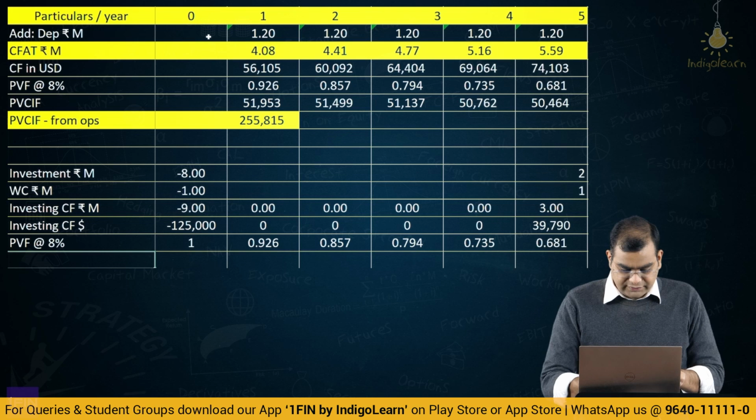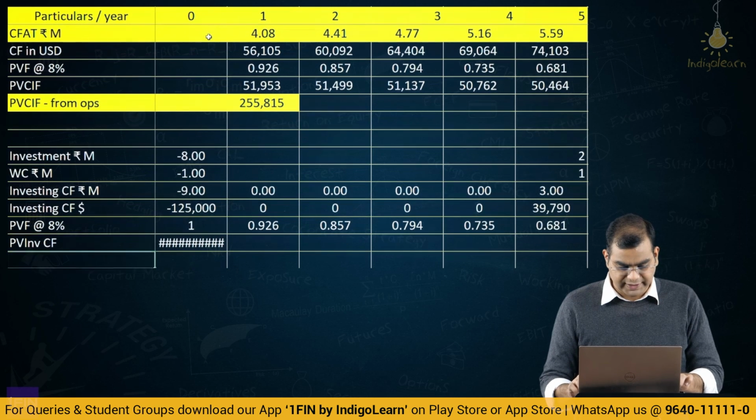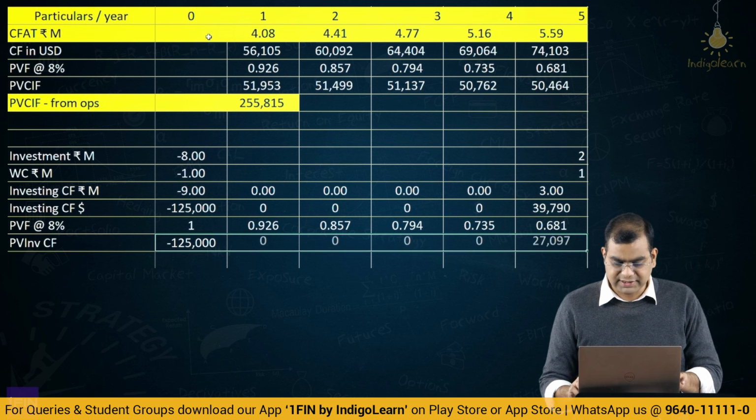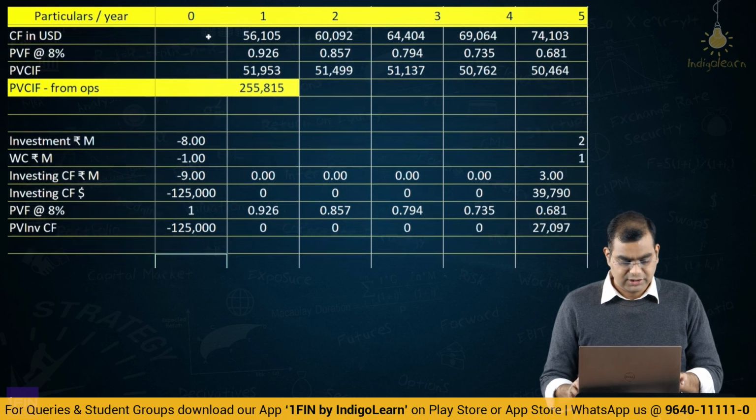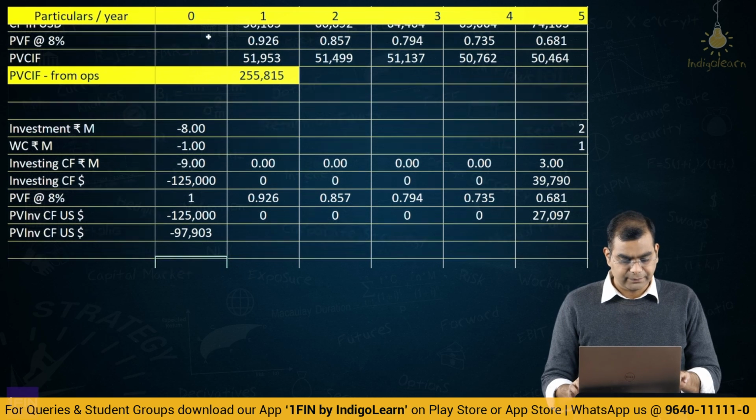Then the present value of investing cash flow is the dollar value multiplied by the present value factor. So you will get minus 1,25,000 for the first year and in the last year you will get 27,087. If you sum up the present value of investing cash flow in US dollars, you will get 97,903 negative, right.